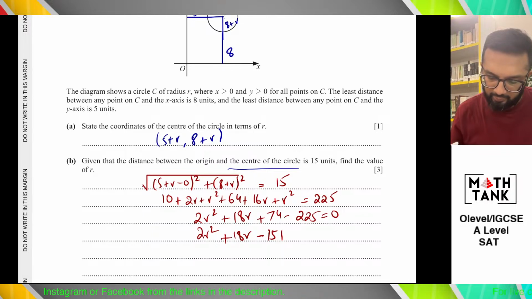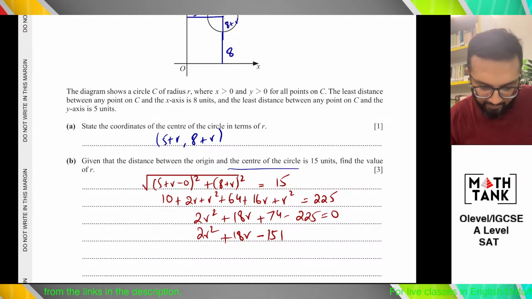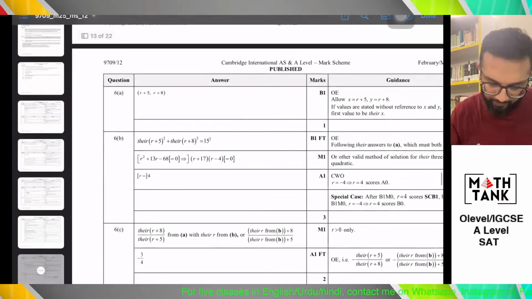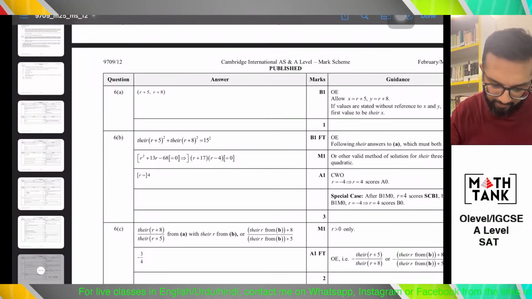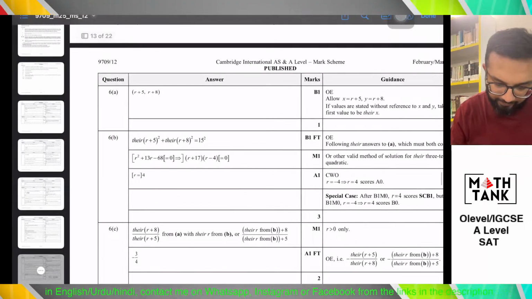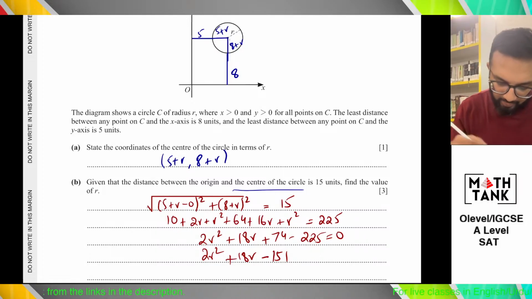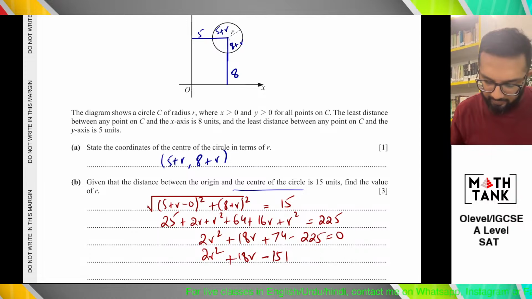No, I think I've messed something up. Check if my answers were correct. Okay, there has to be 25. That's a silly mistake. 25 plus 64 minus 2.